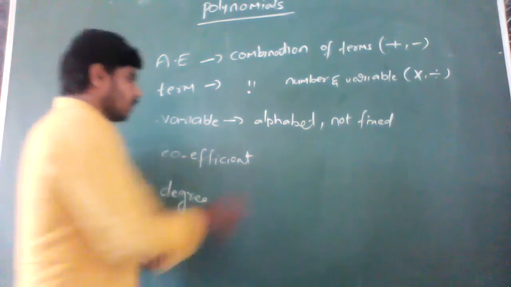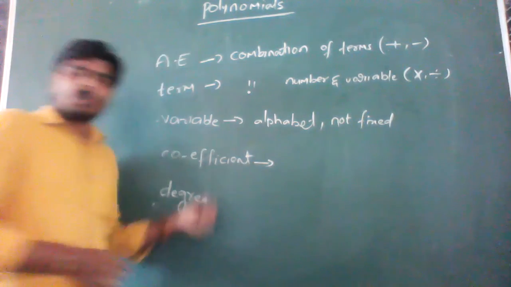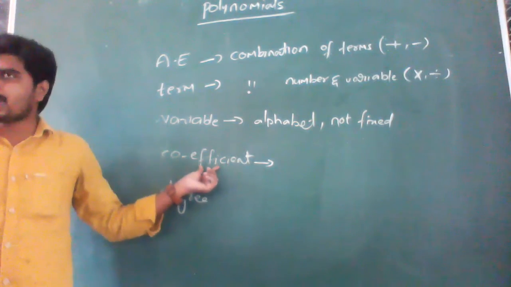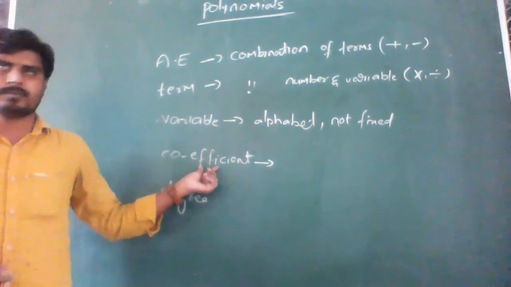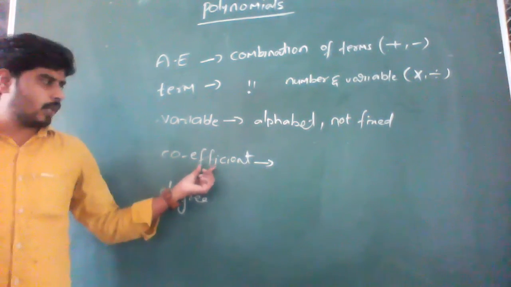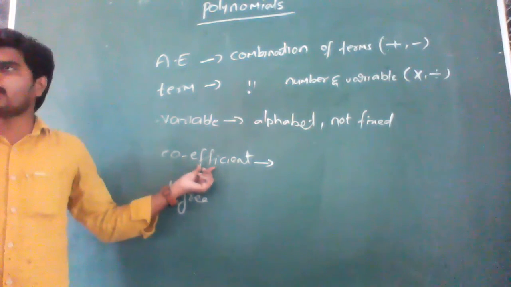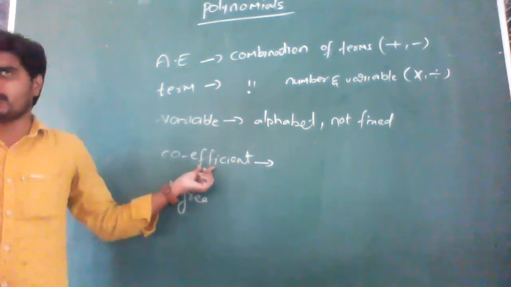Next, coefficient is nothing but a multiple which is assigned to the variable. Once again, coefficient is a multiple which is assigned to the variable in the polynomial or algebraic expression.